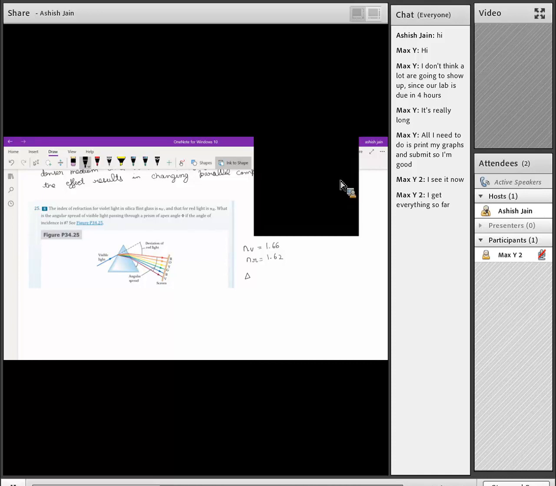So let's call these theta v and theta r. So we have to find theta r minus theta v, the angular spread.